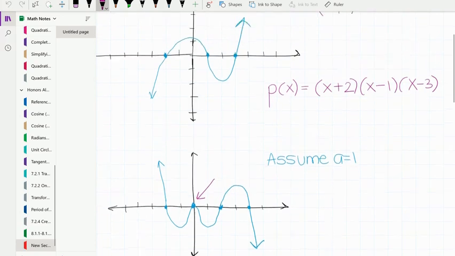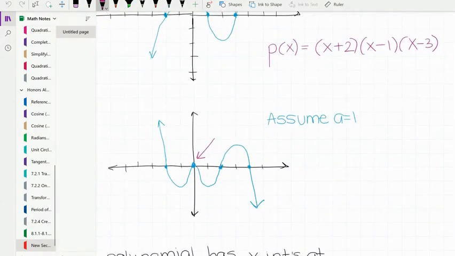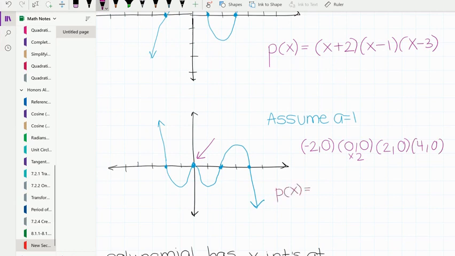So first, let's identify the x-intercepts again. We have -2, 0, 0, 0, but this one is a double root. We also have 2, 0, and 4, 0. Okay, so the equation will be p of x equals, and then you would want to put a negative sign.